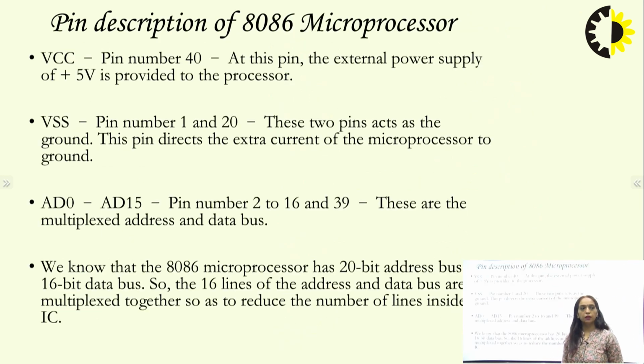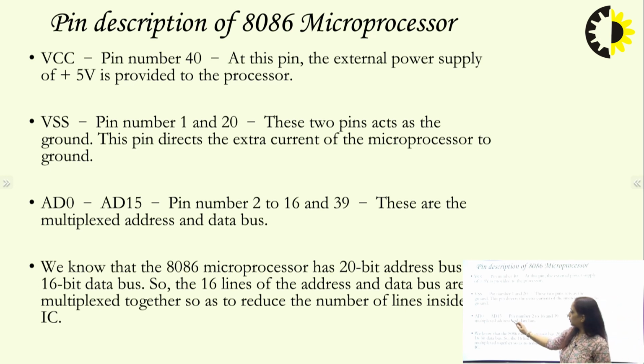So let us check the working of each pin. VCC, which is present at pin number 40. At this pin, your external power supply, that is 5 volt, will be connected, which is necessary for the working of any IC. Then VSS, pin number 1 and pin number 20, we have 2 ground pins in 8086 microprocessor, so that we can have less power dissipation.